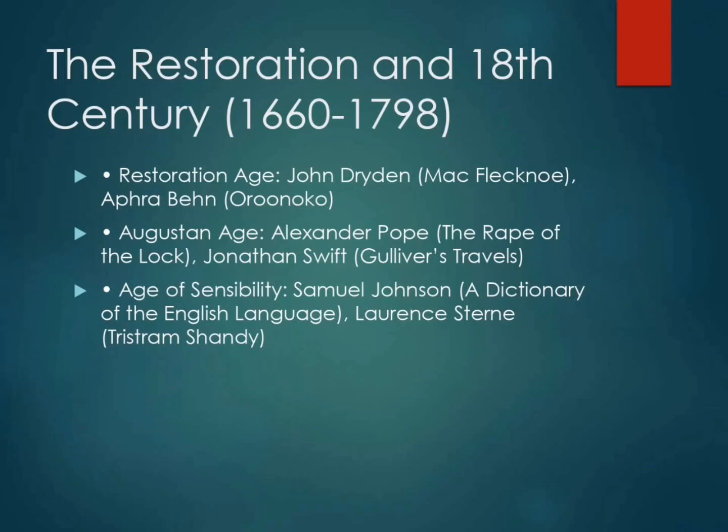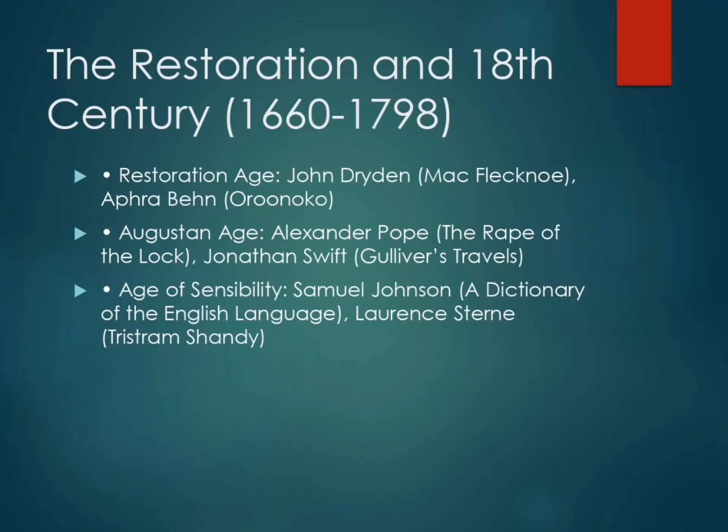And then comes the Augustan age, where the writings of classical writers were revived, so it was named the Augustan age. We can see Alexander Pope, Jonathan Swift, and many more writers who were reviving the works of classical writers. And then comes the age of sensibility. Here we'll be knowing about Samuel Johnson, Laurence Sterne, and the Dictionary of the English Language.